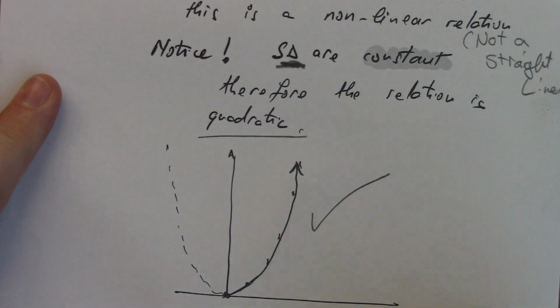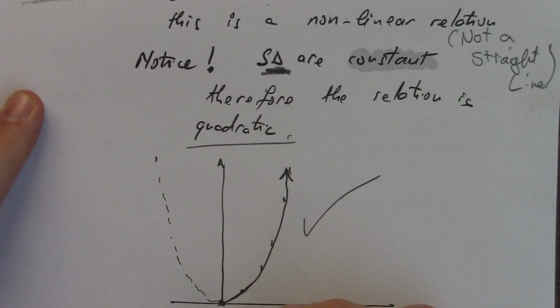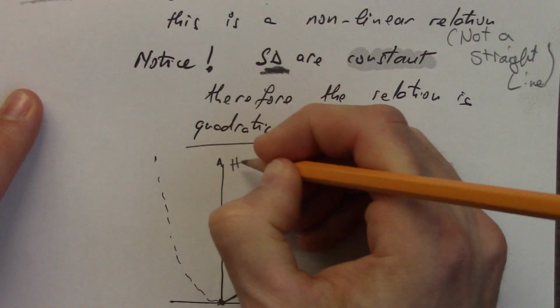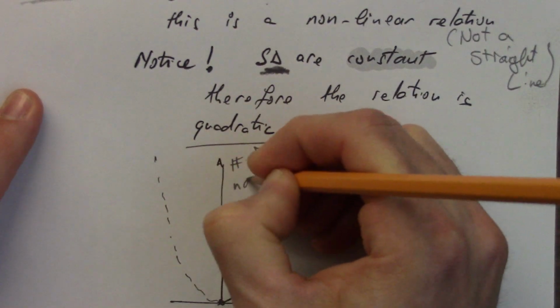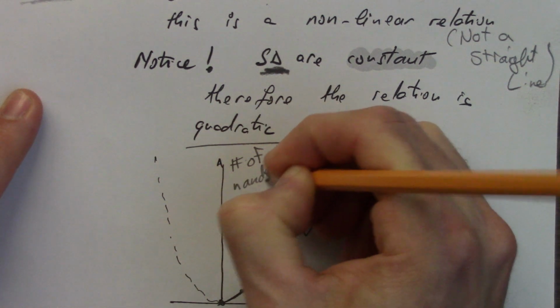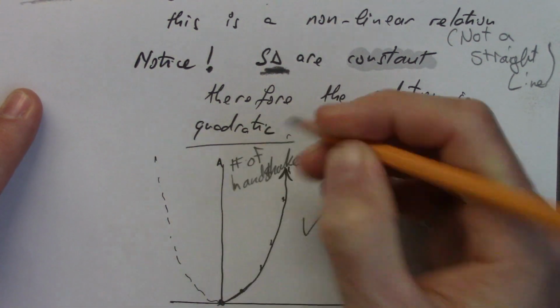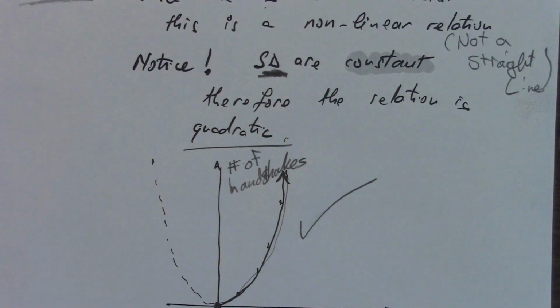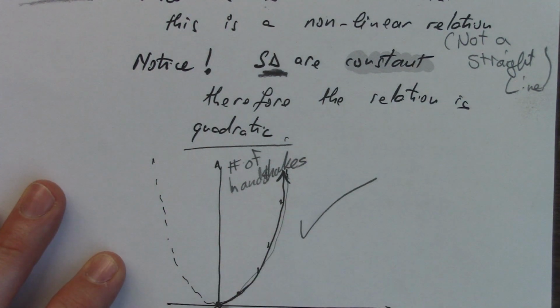Okay? So as your number of people goes up, your number of handshakes goes up, and this is called exponentially. Why is it called exponentially? Because we got that square on top. That's an exponent. So this is an exponential increase, right?